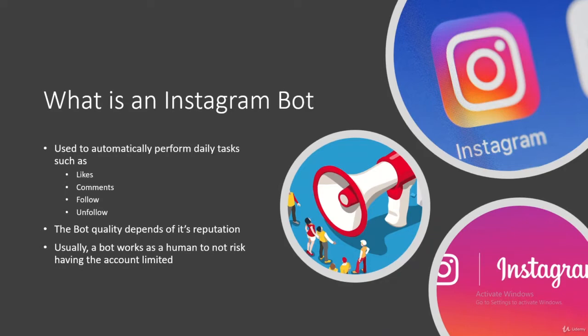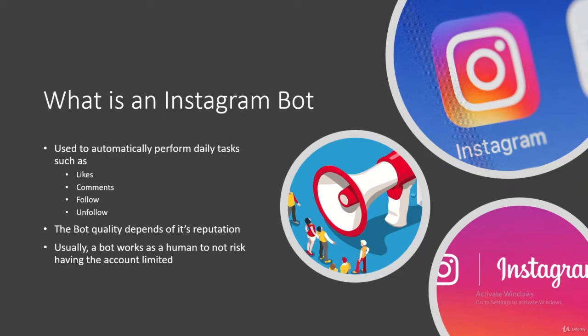Let's say you want to like all the pictures that have a certain hashtag on them. Every time the bot checks Instagram and spots a picture with that hashtag, it will like the picture. It's possible to like by pictures, by different things, but basically this is what the bot does. It automatically performs daily tasks.